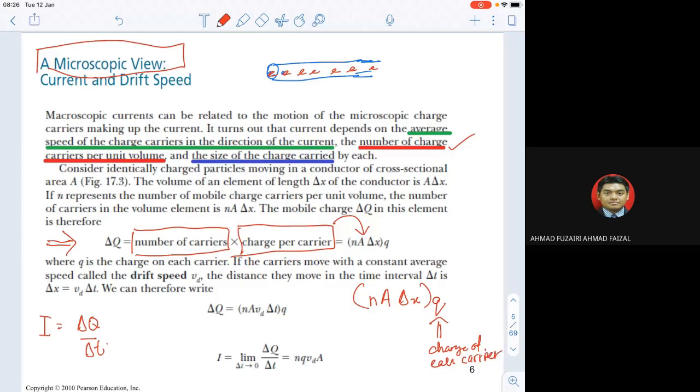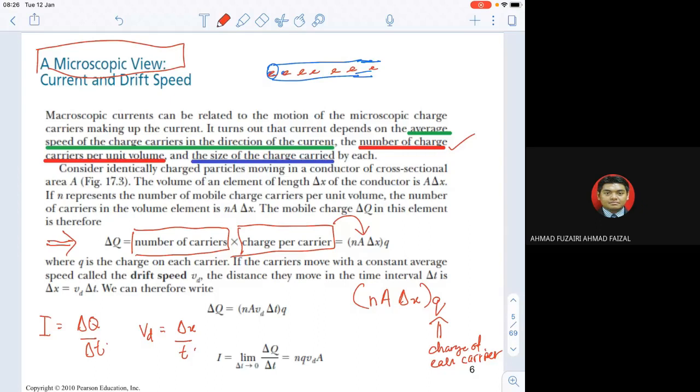If the carriers move with a constant average speed called drift speed, we can have a drift speed. So what is the drift speed? It is the distance they move in the time interval delta t. Let's say Vd is the drift speed, which comes from delta x over t.